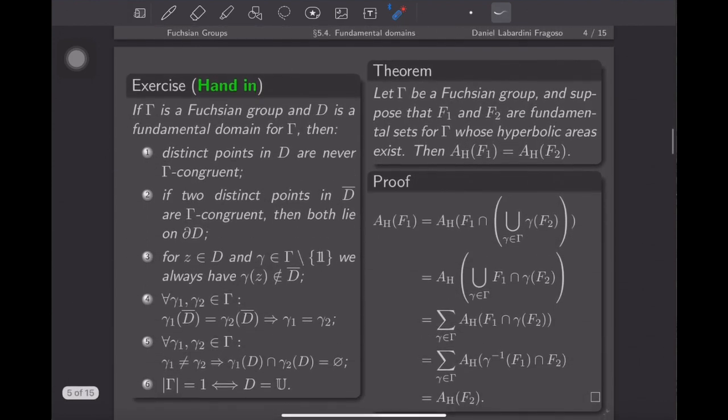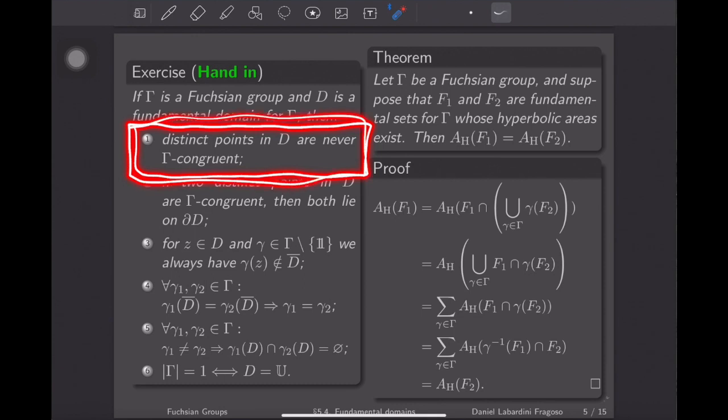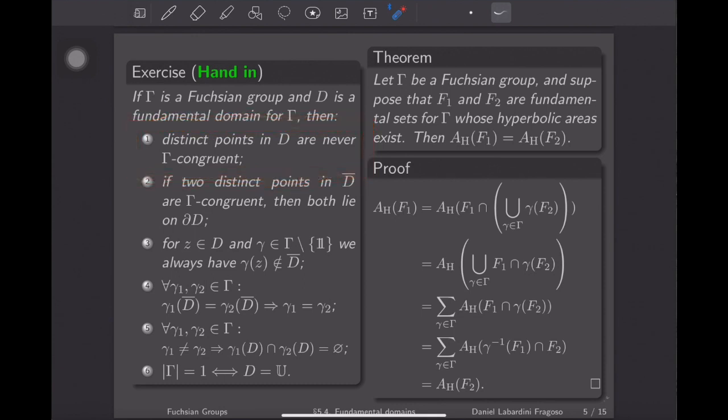Now, some exercise, which kind of looks long, but it's really not so much. I mean, it's actually a little bit redundant. So, for instance, here it's something that I already mentioned, that different points in D are never gamma congruent. So different points are never in the same gamma orbit.